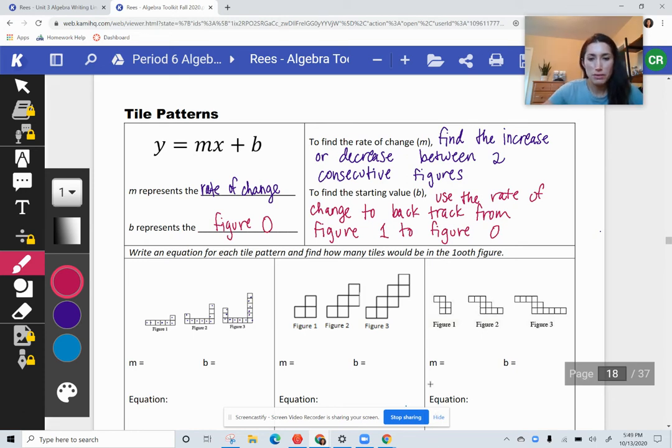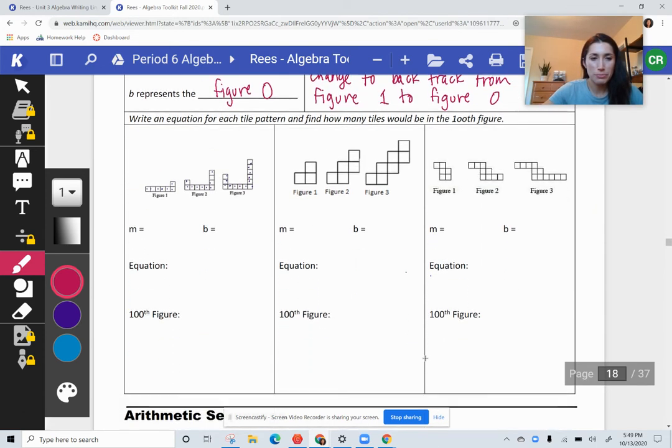So here we have a few different tile pattern examples. If we look at our first tile pattern, I actually practiced counting the dots of these already. So if we actually count out each tile in this figure 1, we will get 7 tiles here. In the next one, we are going to get 10 tiles, and then we're going to get 13.